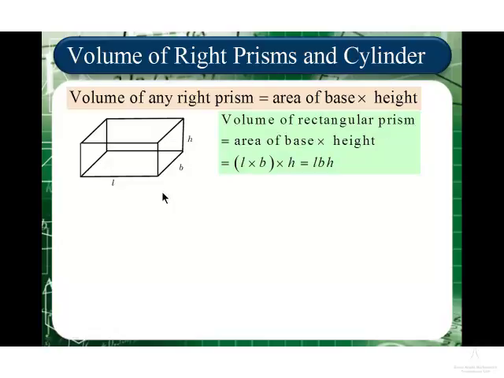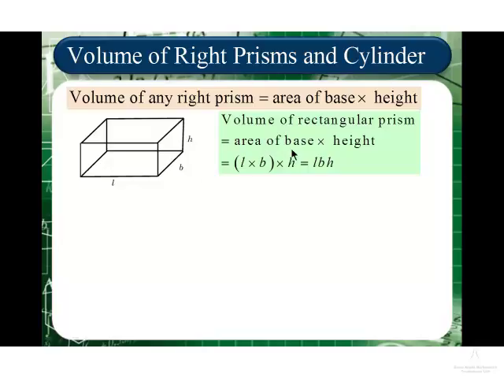The dimensions of the prism in this case are the length L and the breadth B, which together form the rectangular base for this particular prism, and of course the height h represents the distance between the bottom and the top rectangular sides of this particular right prism.